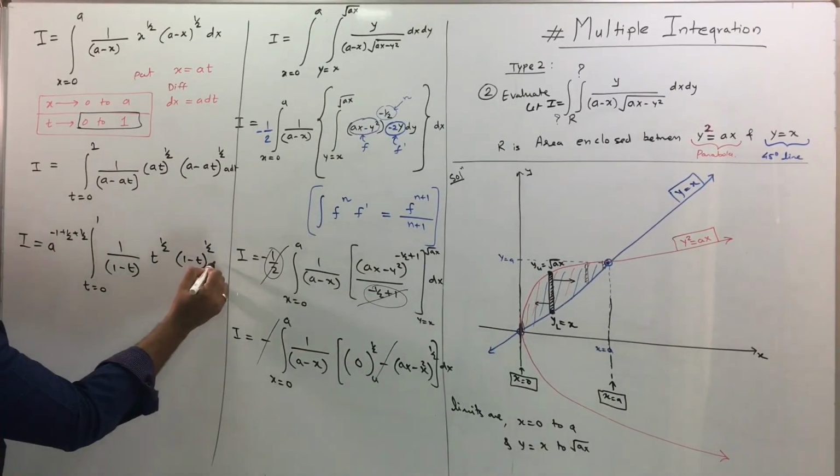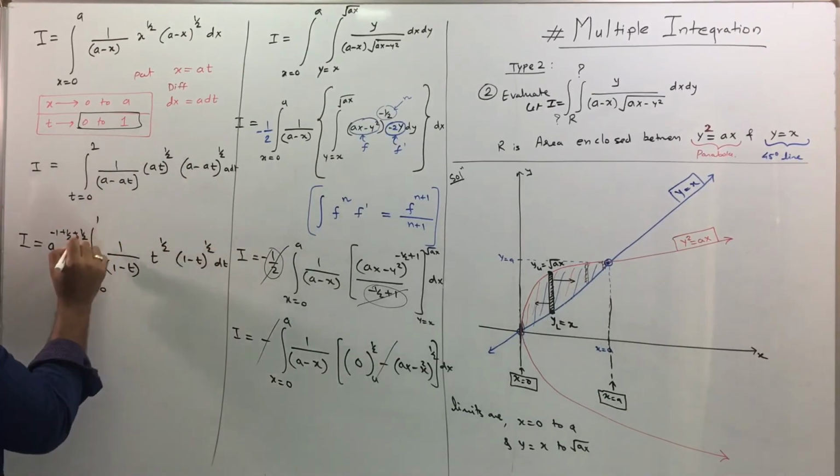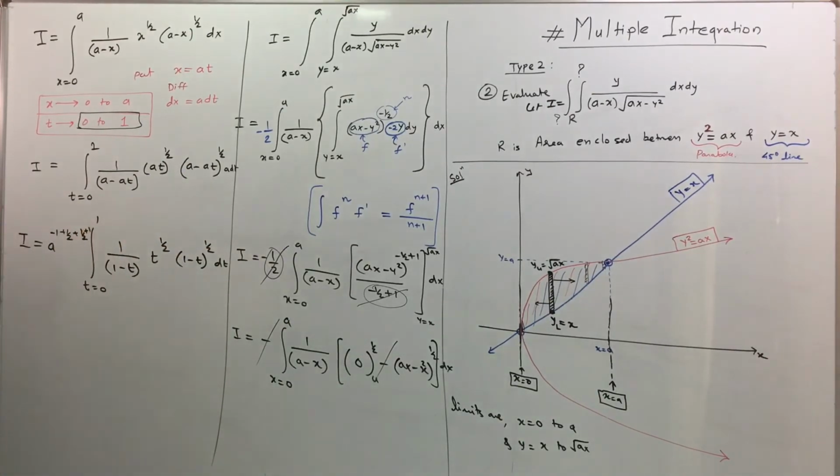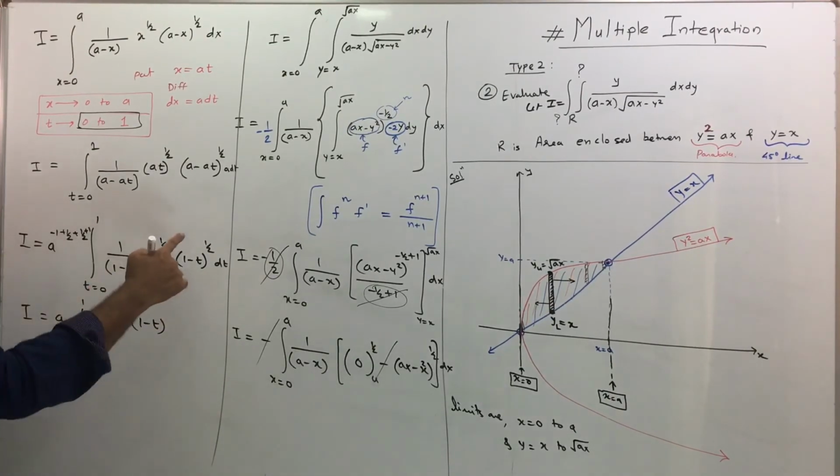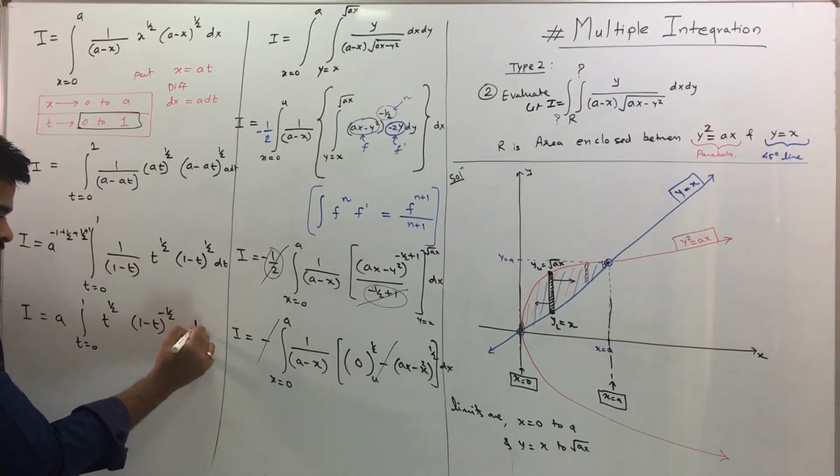And now this is dt. Now this a also is outside, so it is plus 1 again. Now once we write all of this, I is equal to, well, minus 1 plus 1 is cancelled. This is just a. And then this is the integral t equal to 0 to 1 of t raised to half, times 1 minus t raised to half, and minus 1, this is minus half, dt.